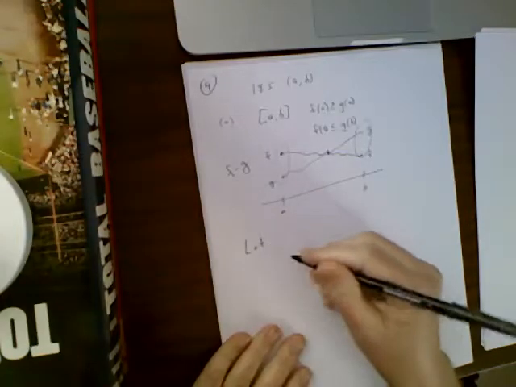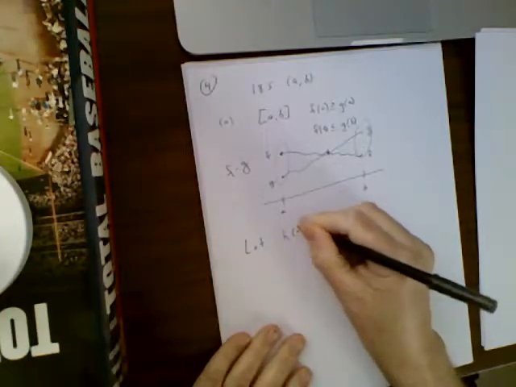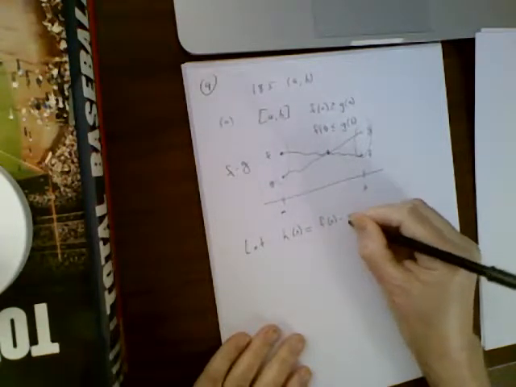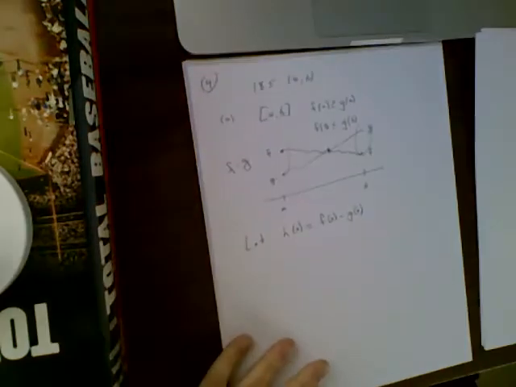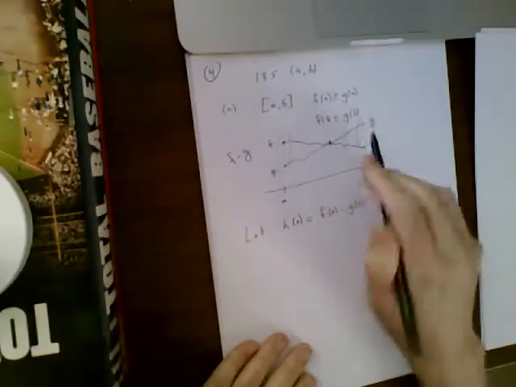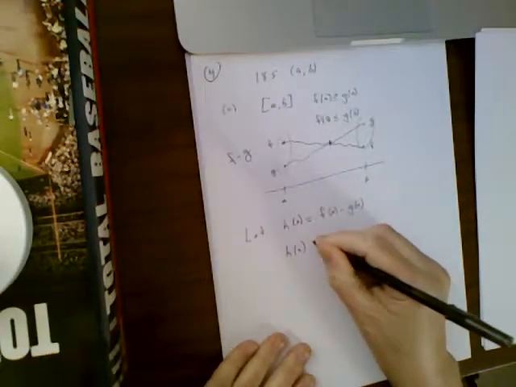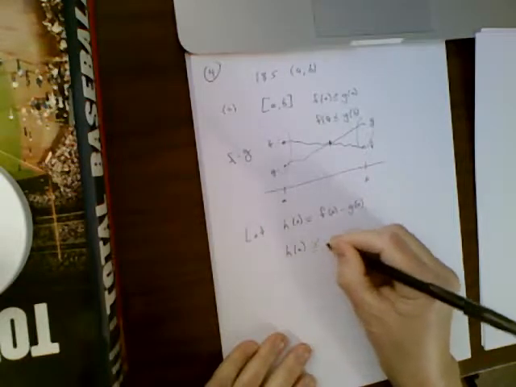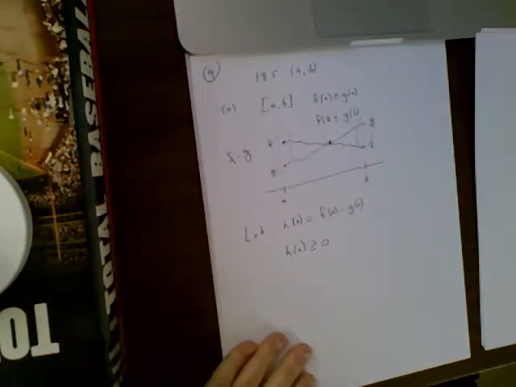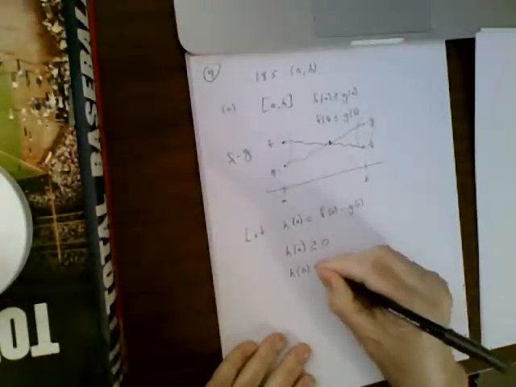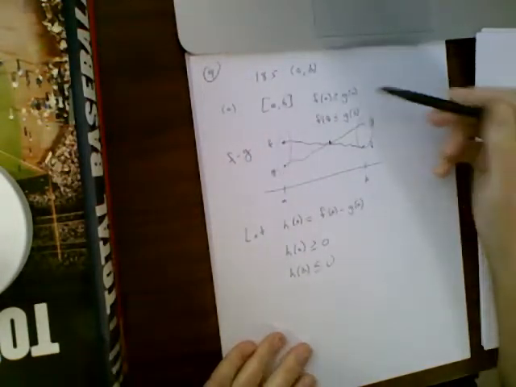So for the proof, you let h of x equal f of x minus g of x. The given here says that h of a is greater than or equal to 0. It says h of b is less than or equal to 0.